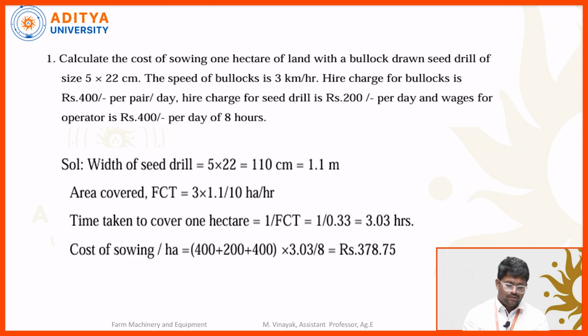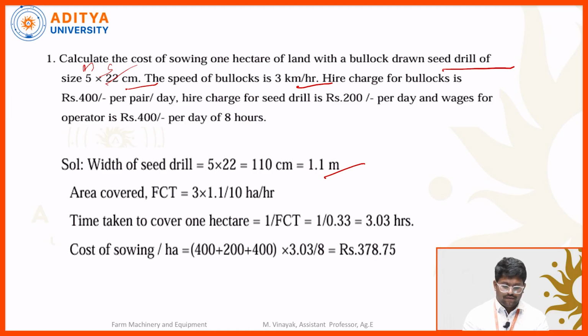One small numerical is there. Calculate the cost of sowing 1 hectare of land with a bullock drawn seed drill of size 5 into 22. Here 5 is the number of furrow openers and 22 is the spacing between two furrow openers. So we can calculate the width of the seed drill, that is 1.1 meters. The speed of bullocks is 3 km per hour. So we can calculate the field capacity.